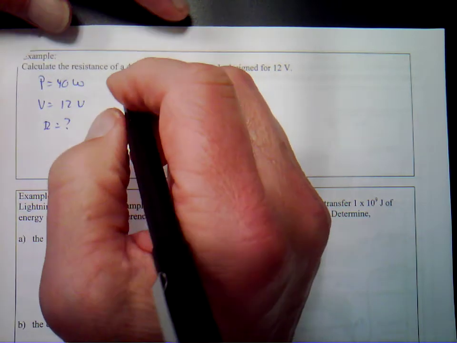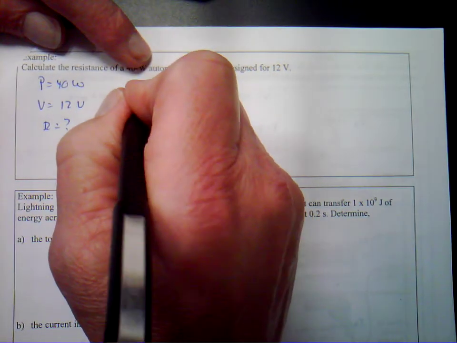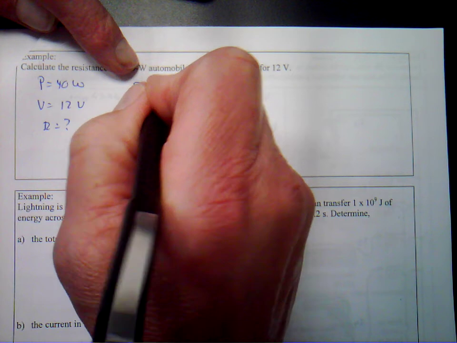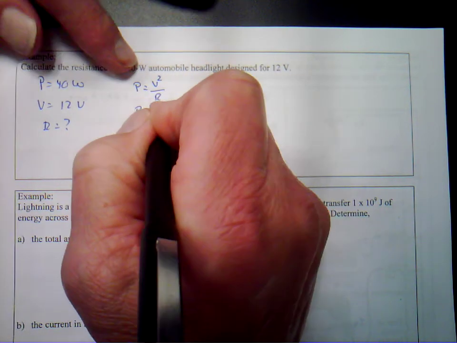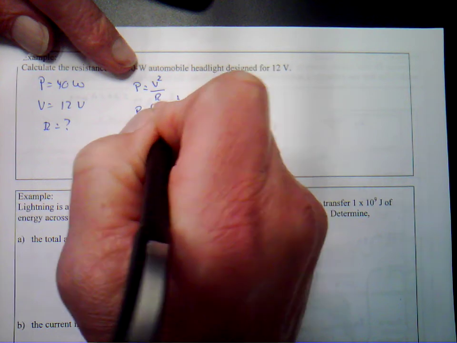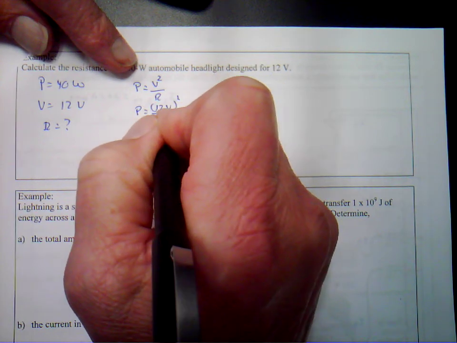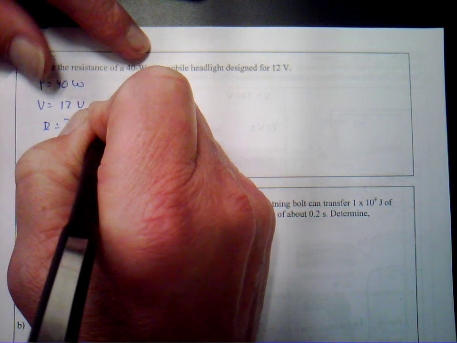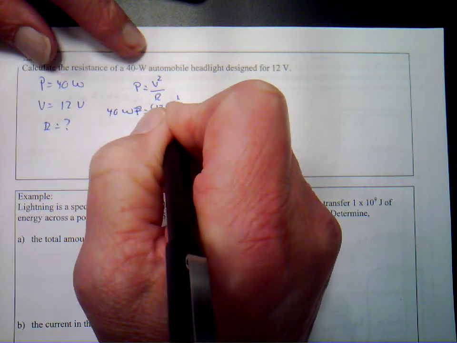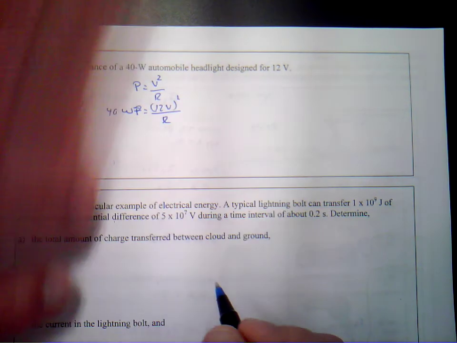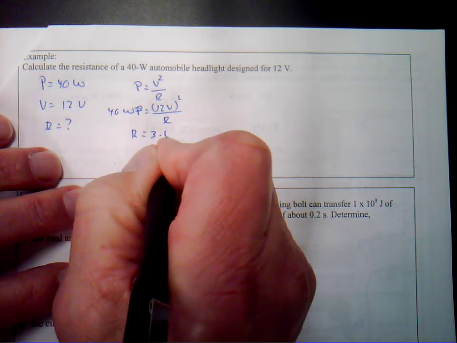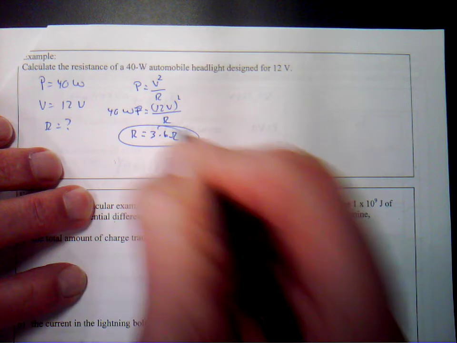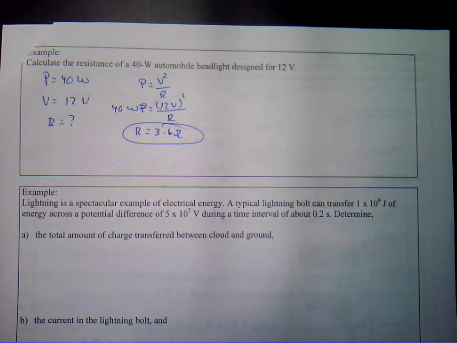Since we have power and voltage, we can use power equals V squared over R. Put in this information, 12 volts squared over the resistance, we know the power, 40 watts. We're solving for this resistance. We end up getting 3.6 ohms for that resistance.